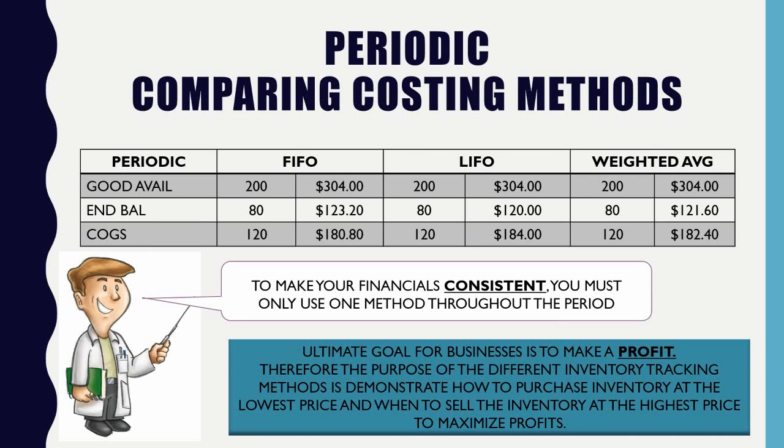But yes, you can try out, maybe FIFO works best for me, and maybe a year down the line, you want to switch to LIFO. Now again, if you do switch your costing methods, you have to do it, of course, depending on your accounting cycle.